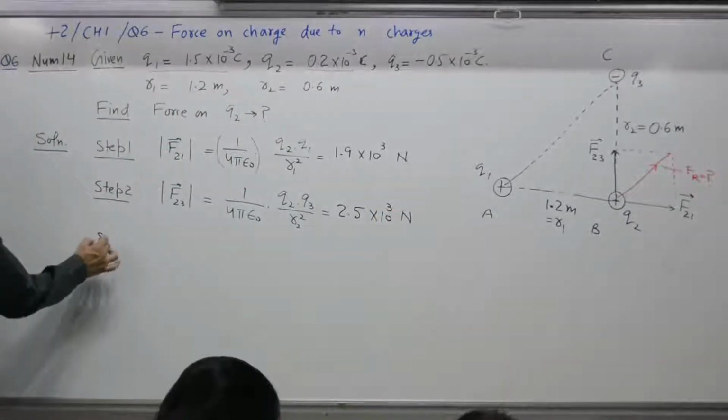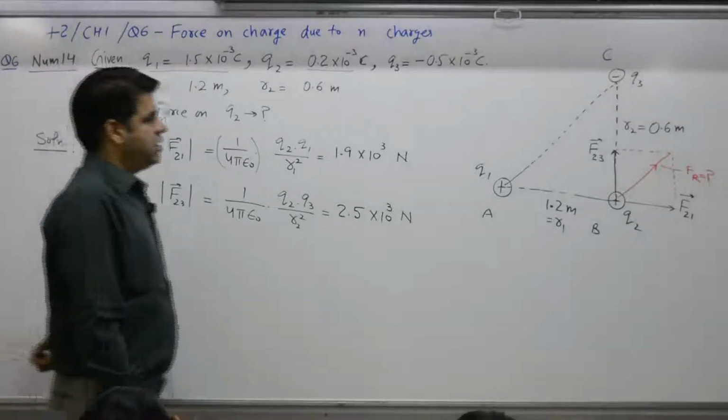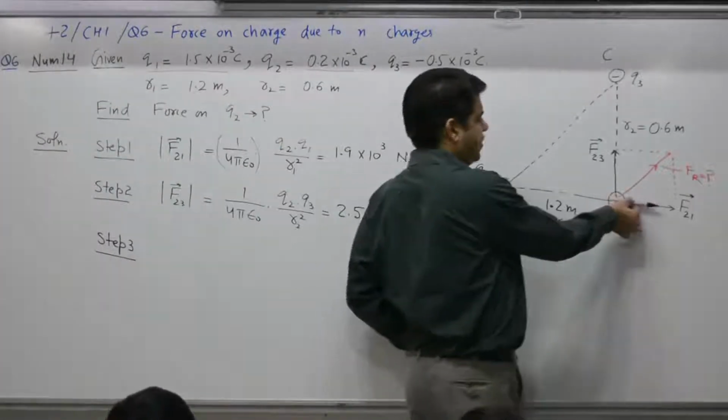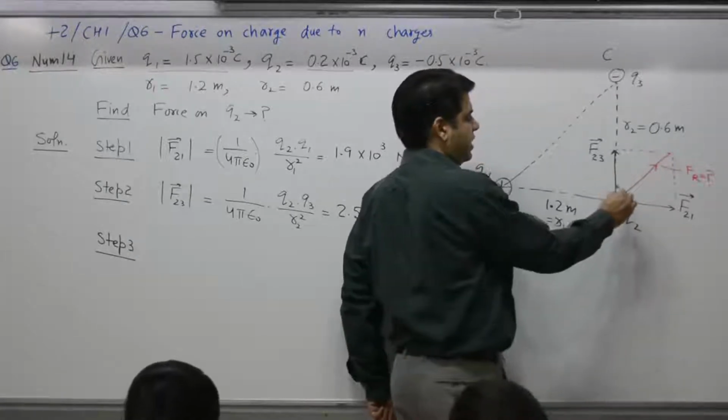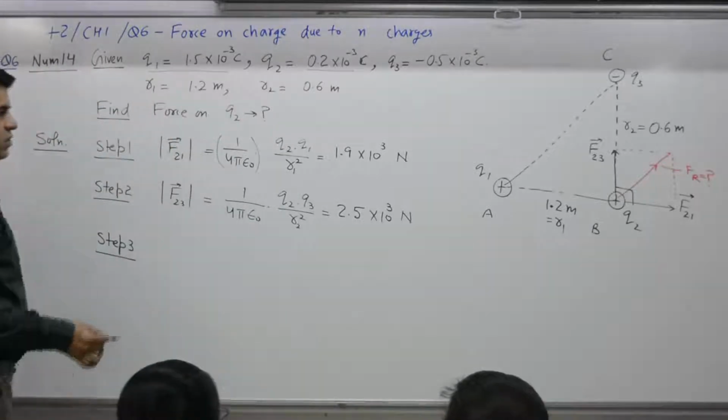Step 3, the resultant force. There are two vectors, vector 1 and vector 2, inclined to each other at an angle of 90 degrees. How do you find the resultant of the two?